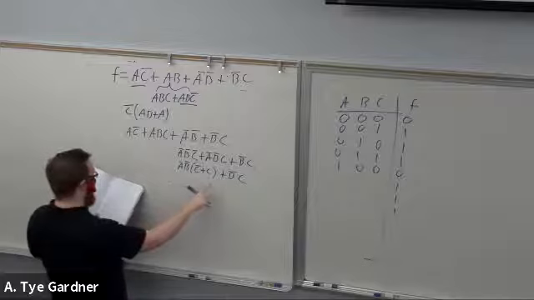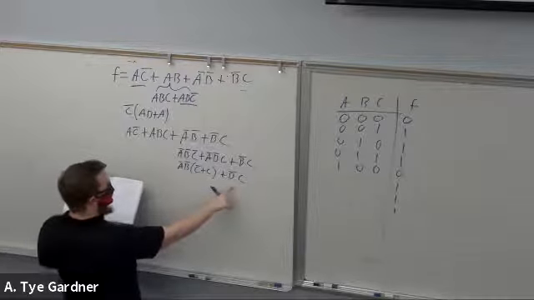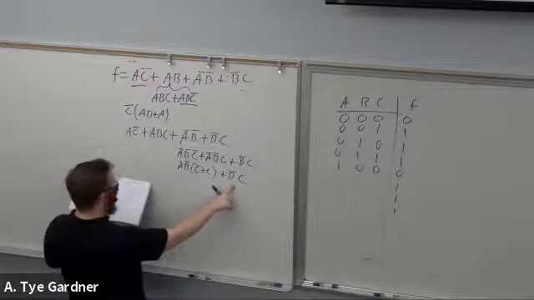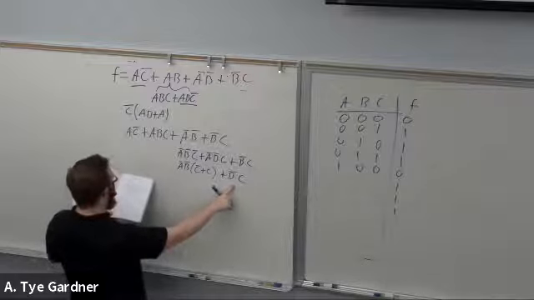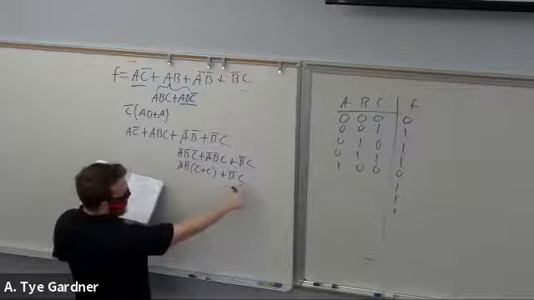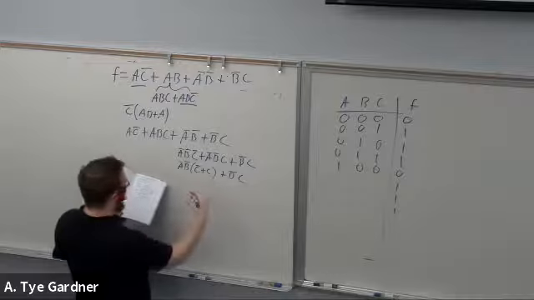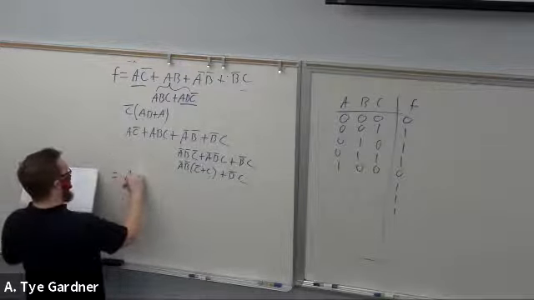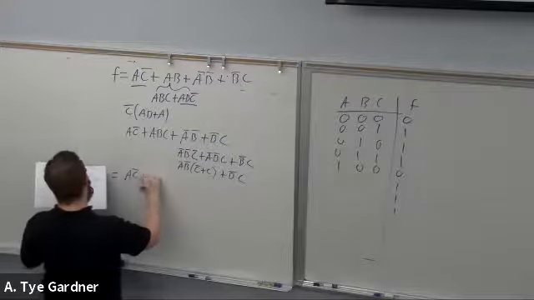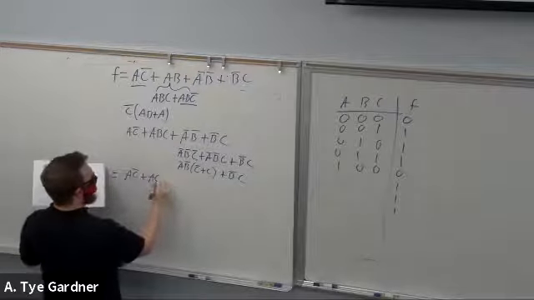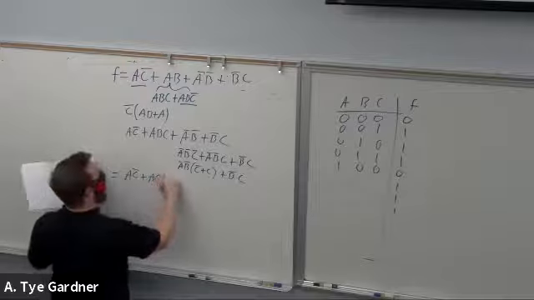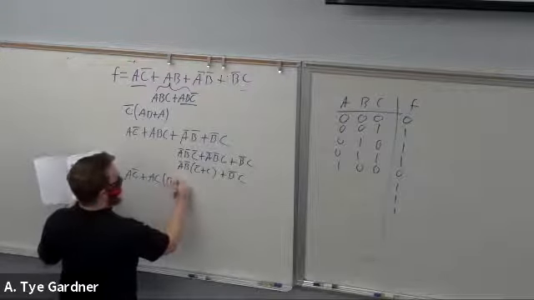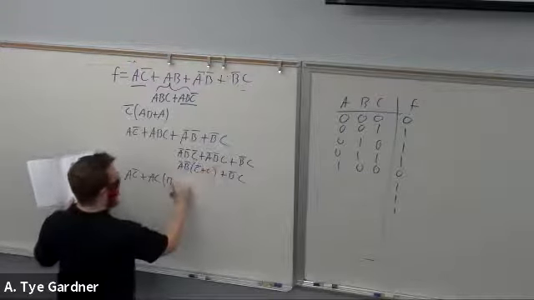And then I have to start dealing with this guy, right, the B bar C. And that one is also, I can do the A or A bar multiplication in order to get it out. And I can end up with A C bar or A C times B or B bar, taking this one.